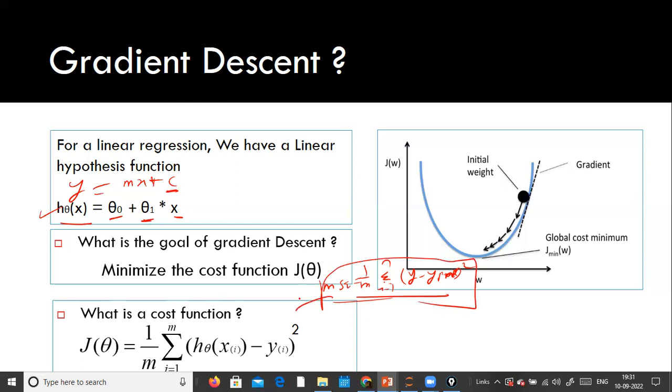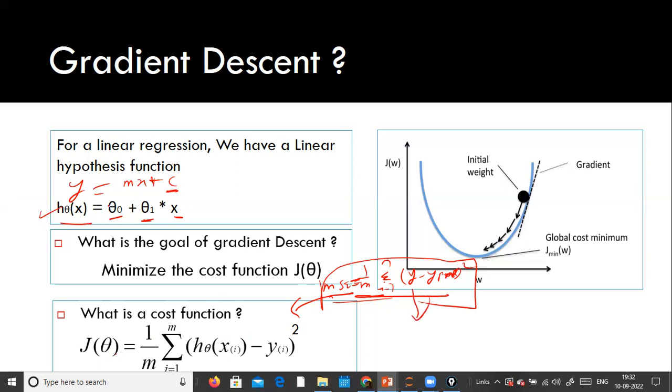But I just mentioned the same metric with a different notation. Here, instead of MSE, I just say J of theta. So J of theta is equivalent to 1 by m, same thing. And here, what is y?